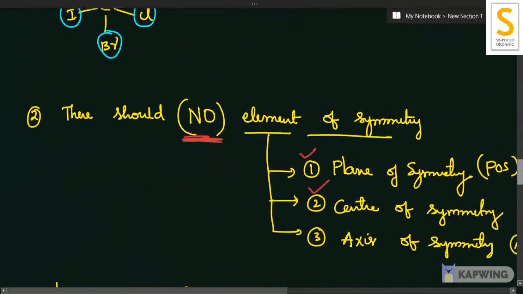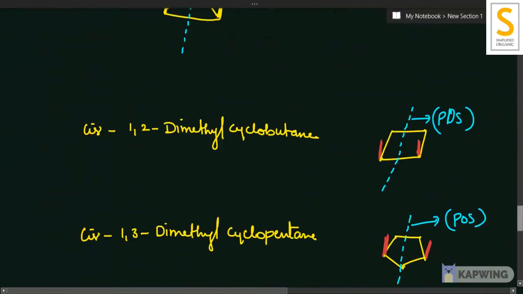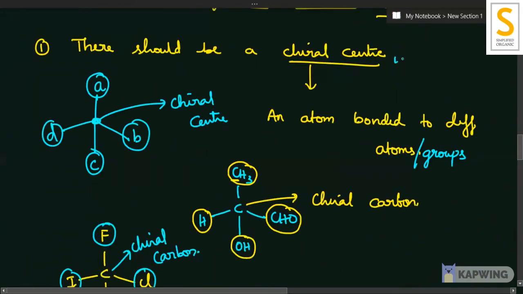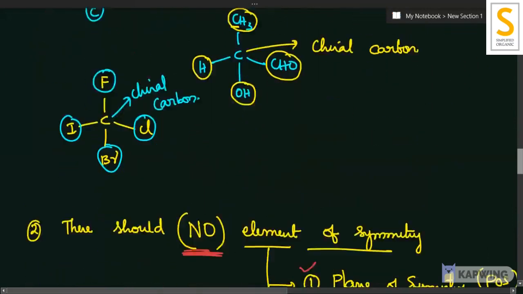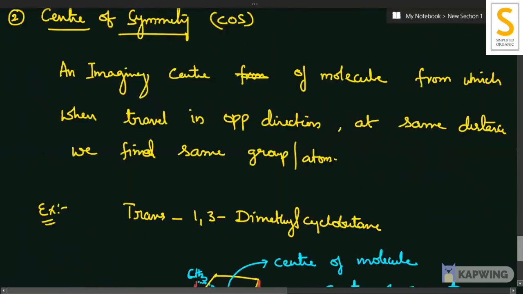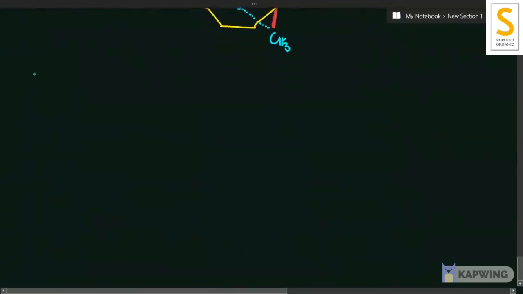So for a compound to be optically active, the point to note, there should be a chiral center, followed by no element of symmetry. Then the compound is said to be optically active. So I'm writing it here. Final statement, finally.